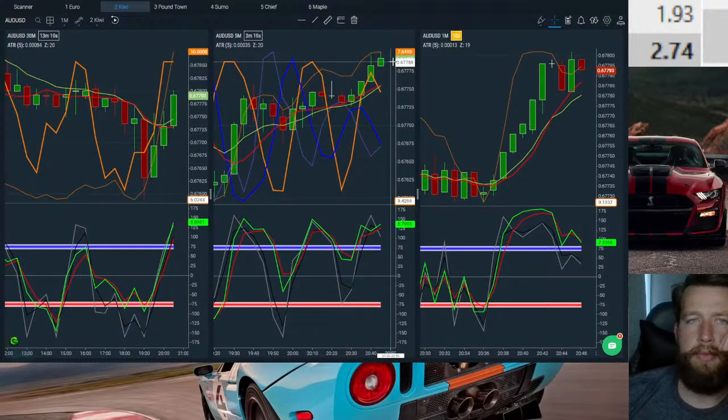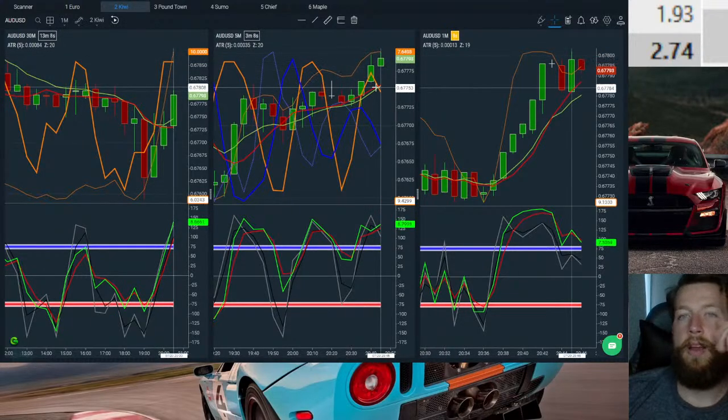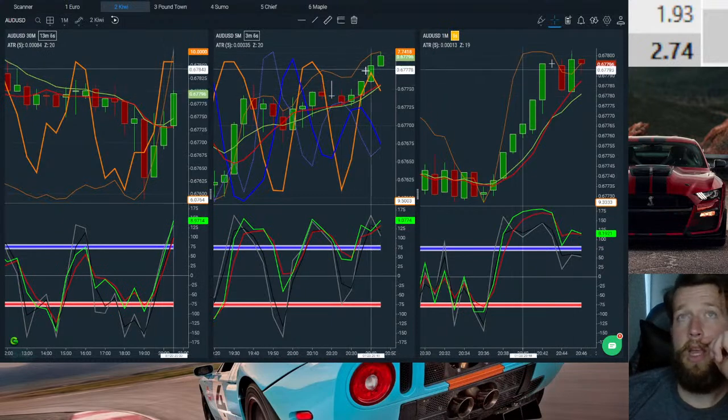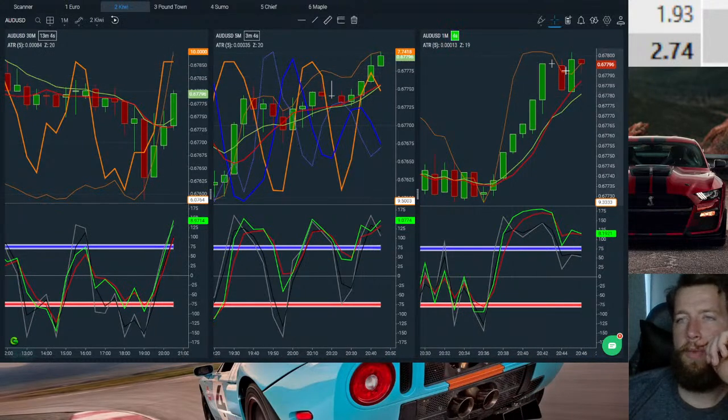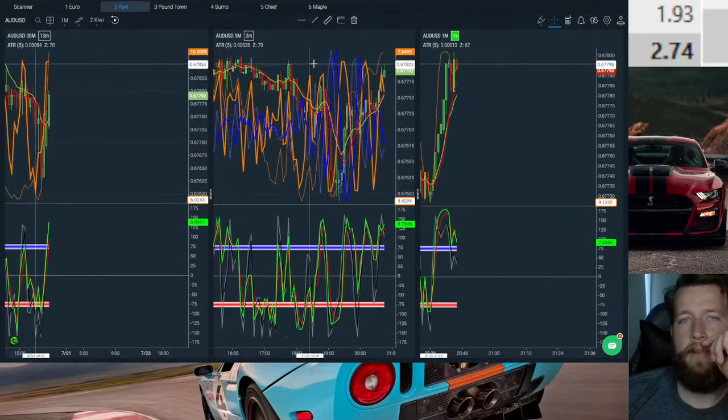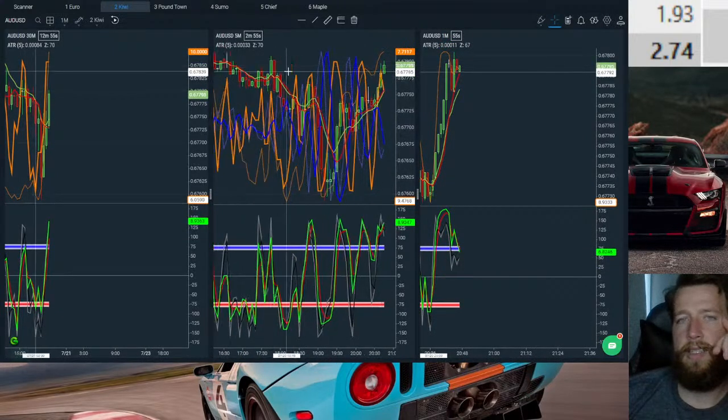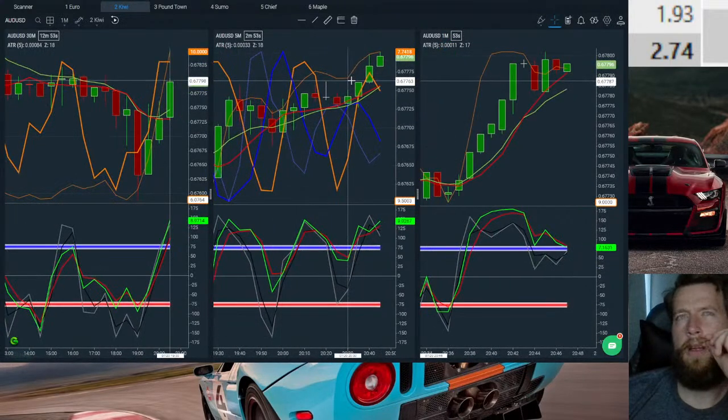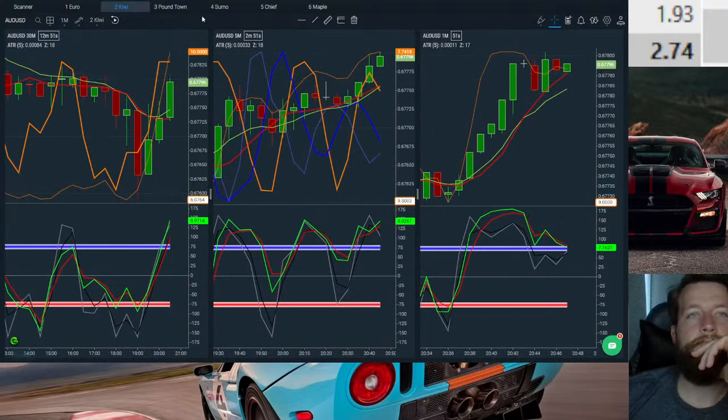I wouldn't be surprised if, I mean, it could keep going. Looks like we're getting a little bit of consolidation here. There might be something further back. Yeah, there's some resistance a little further back.